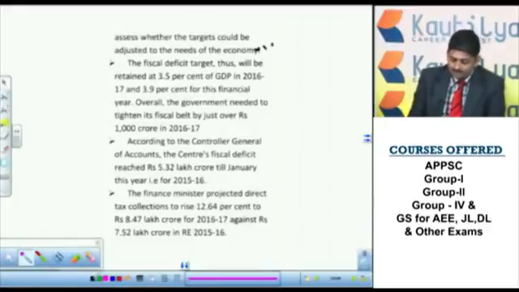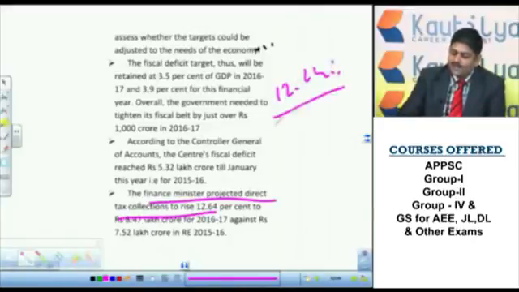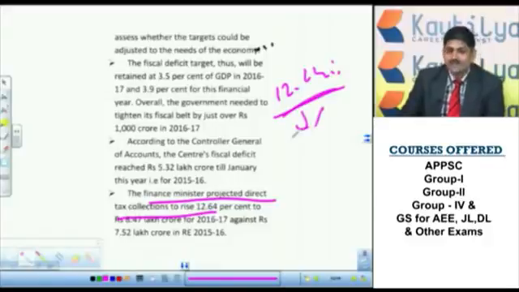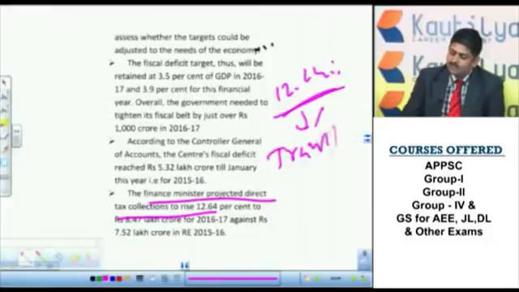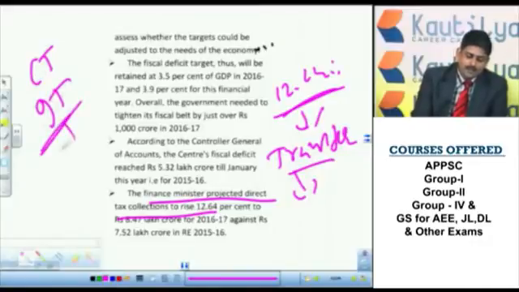Now this time the finance minister projected that direct tax collections will rise by 2.64%. What are direct tax collections? What is actually a direct tax? A direct tax is a tax where transfer is not possible, for example corporate tax or income tax.